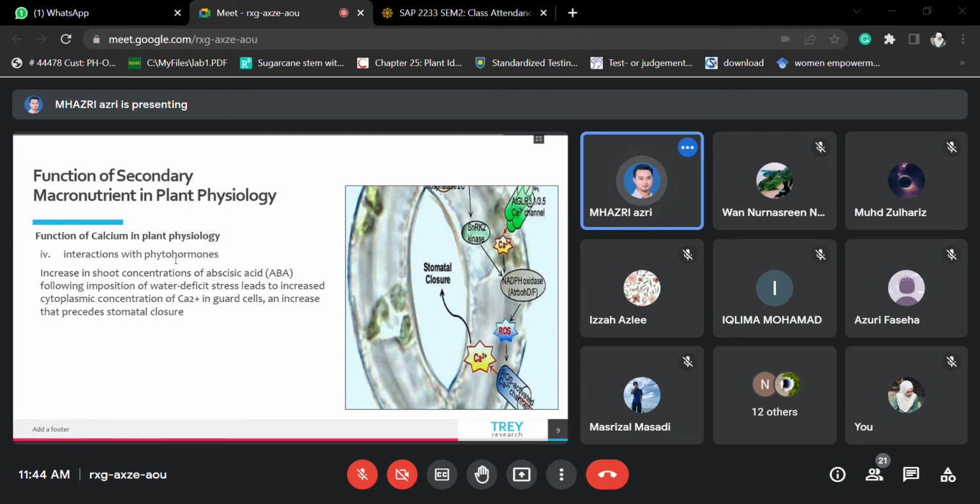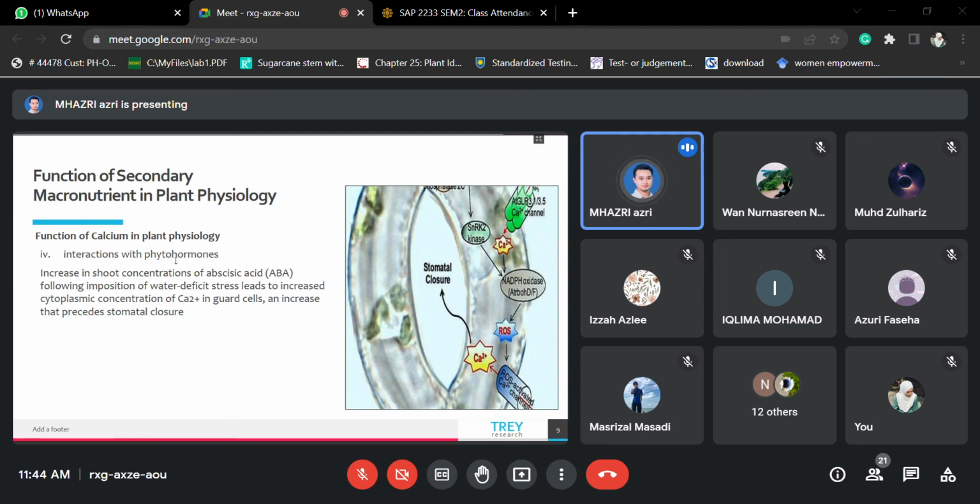What happens? Calcium will be pumped into, no, not pumped in, calcium will be pumped out into from guard cells.